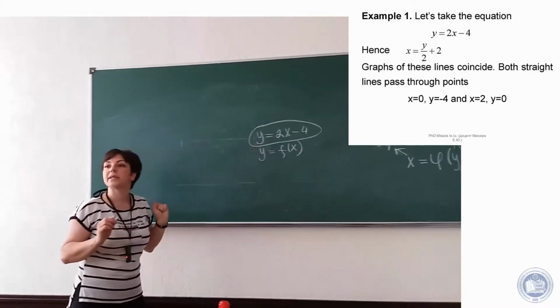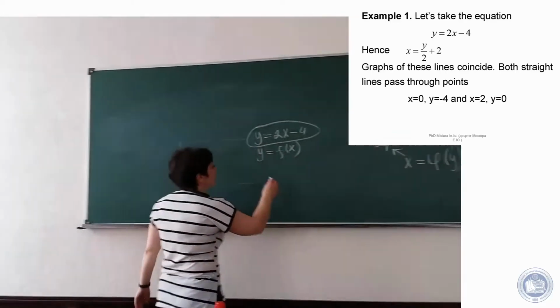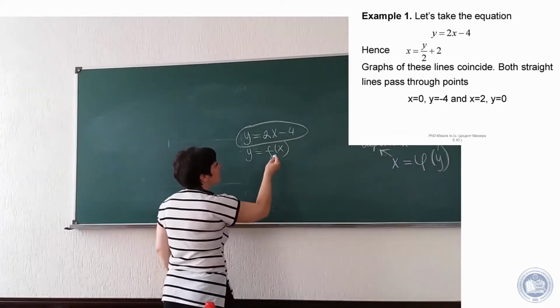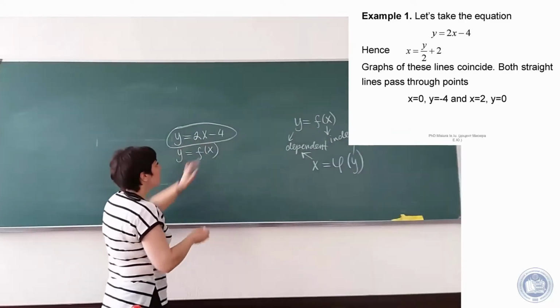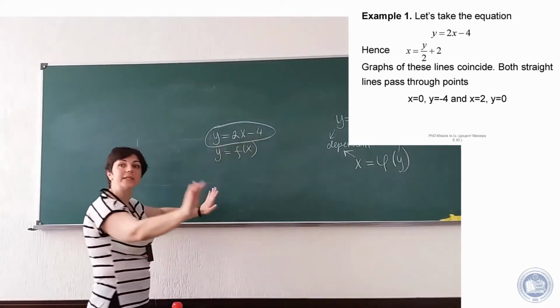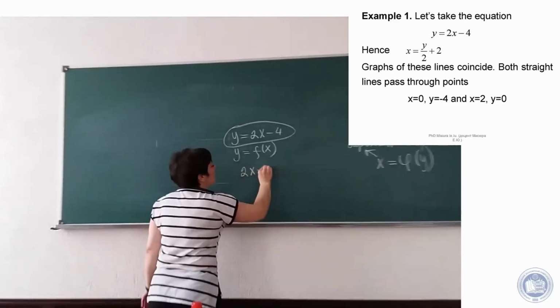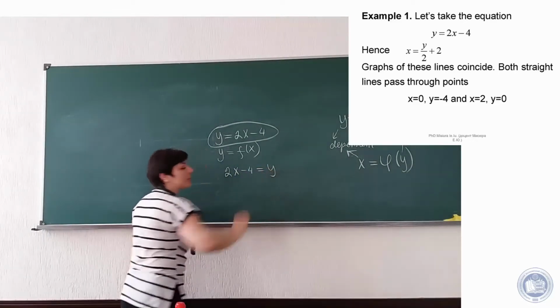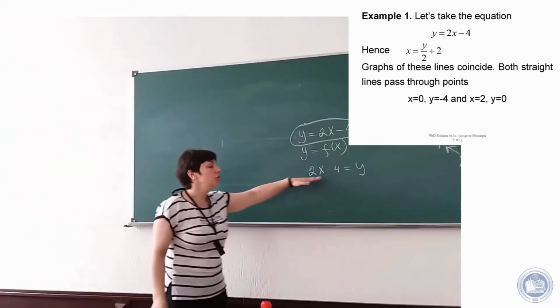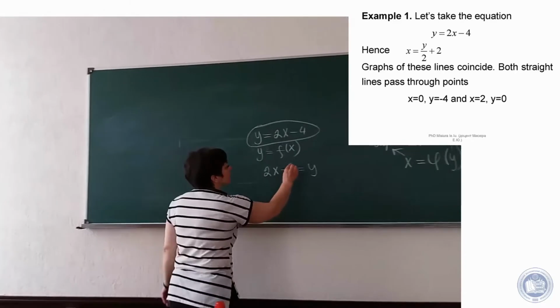How to express x? То есть как нам выразить x? For example, please remember, if you have y equals 2x minus 4, yes, you can change places and get 2x minus 4 equals y. Agree? Okay, you need to leave 2x and take 4 and move to the right side.